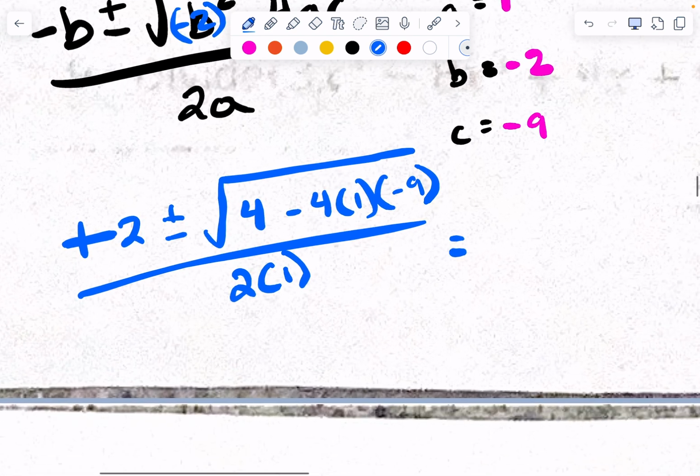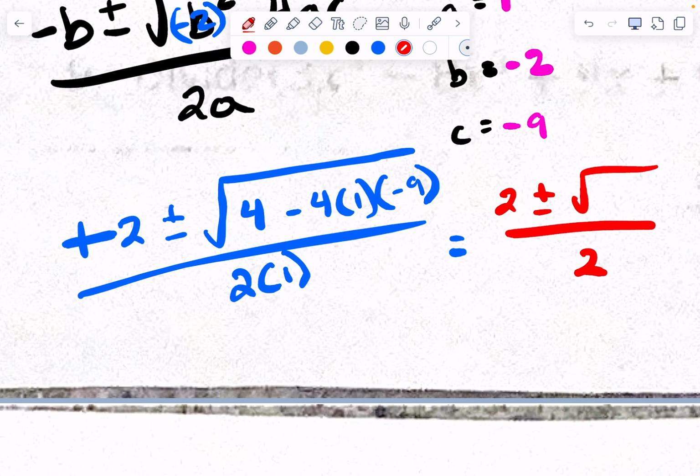And then we got to simplify. The bottom is 2. Yep, the bottom is 2. Cool. And this is 2. That's plus minus the square root of -4 times 1 times -9, which is going to be a positive 36. So underneath of the square root is how much? 40, right? Okay.